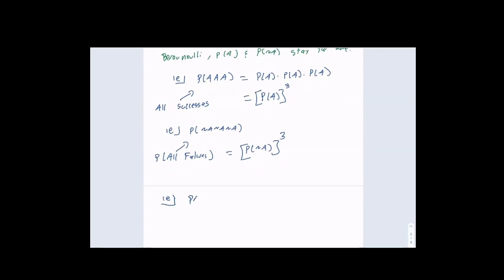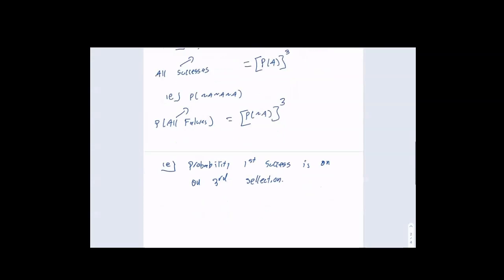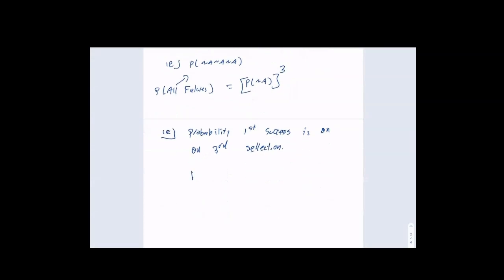What is the probability the first success is on the third attempt, the third selection? What this means is that the first success doesn't happen until your third one. So what does that mean about what happened with the first two?